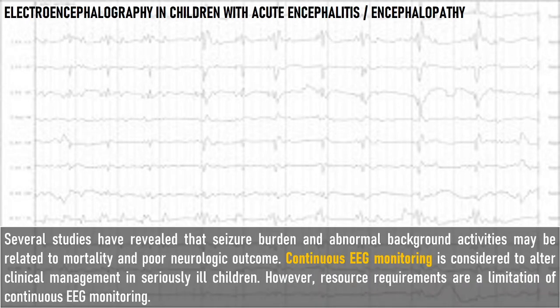Several studies have revealed that seizure burden and abnormal background activities may be related to mortality and poor neurologic outcome. Continuous EEG monitoring is considered to alter clinical management in seriously ill children. However, resource requirements are a limitation of continuous EEG monitoring.